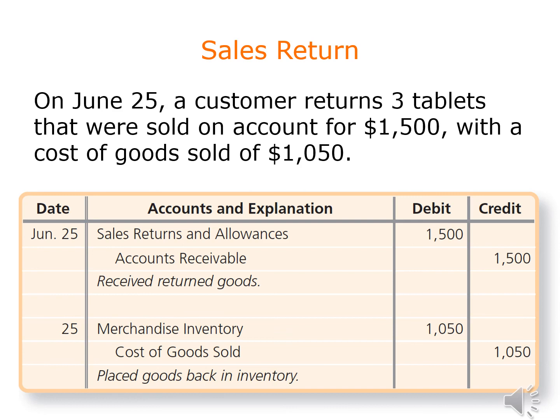We also need to reverse the previous reduction of merchandise inventory, so we're going to add this back into inventory by debiting merchandise inventory for $1,050 and crediting cost of goods sold because it is no longer sold.